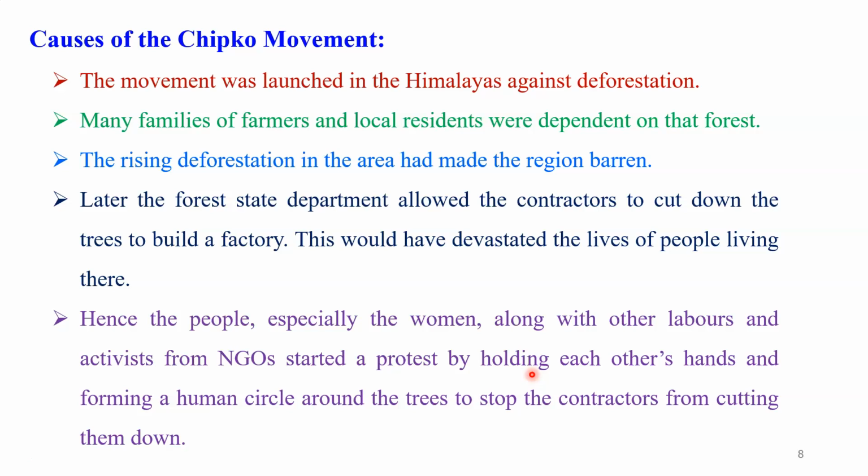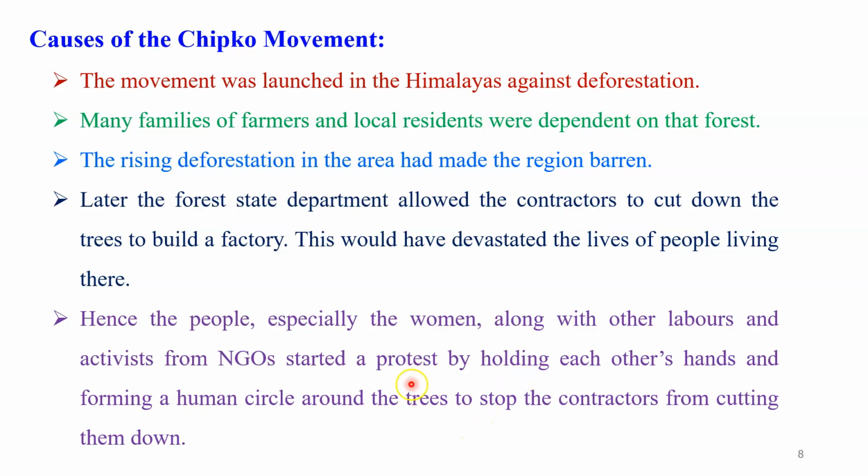They did not agree with the decision taken by the state government, and therefore the people started this movement against the deforestation. When the private laborers of that company came there and started to cut down the trees, the people stopped this work.